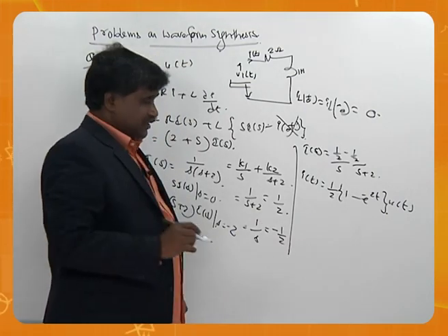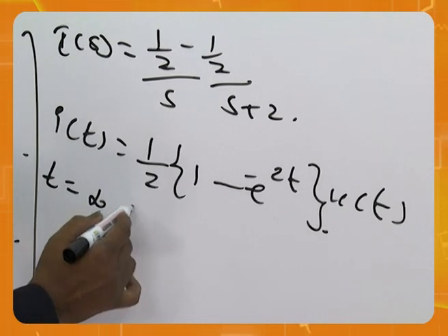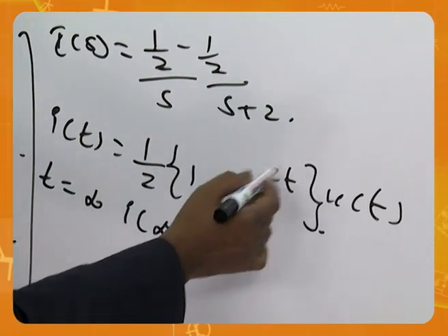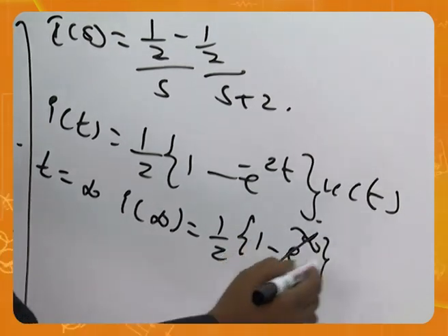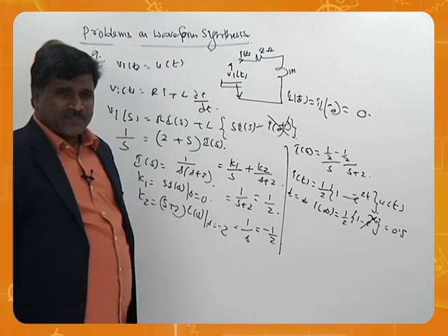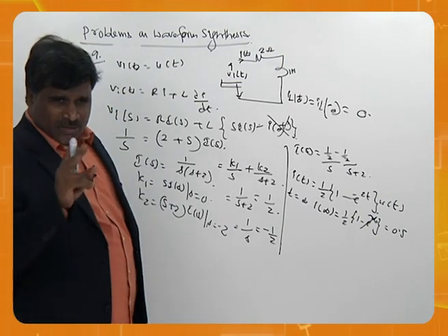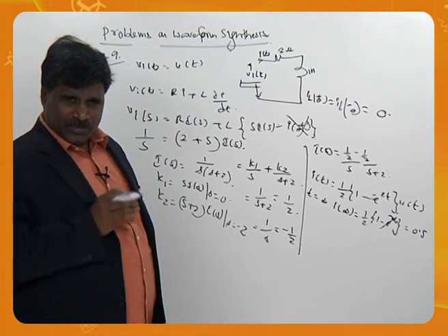To check the answer, put t equal to infinity. I of infinity is half into 1 minus e power minus infinity, which cancels, giving 0.5. So look at the options there. Let us see now. According to A, B, C, D, B seems correct, C seems to be correct.